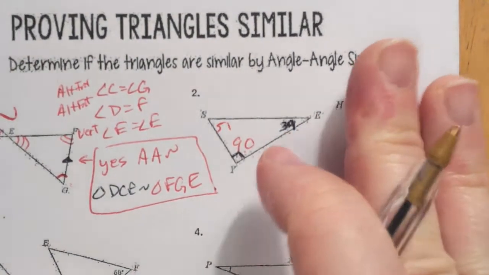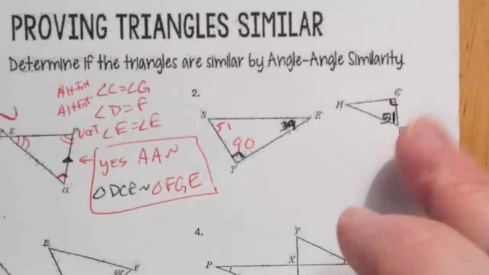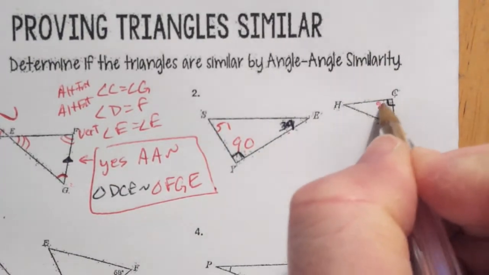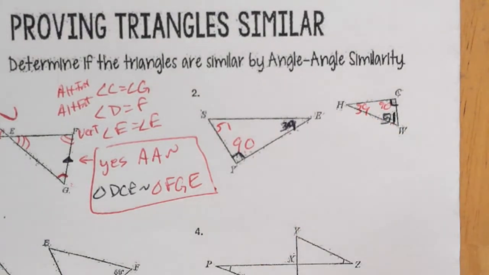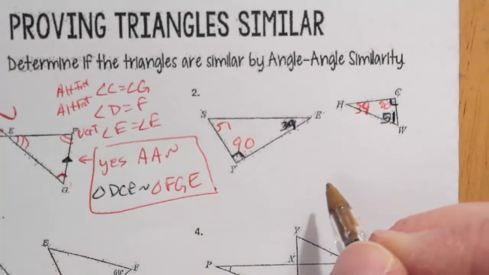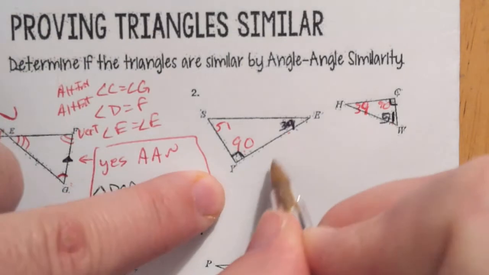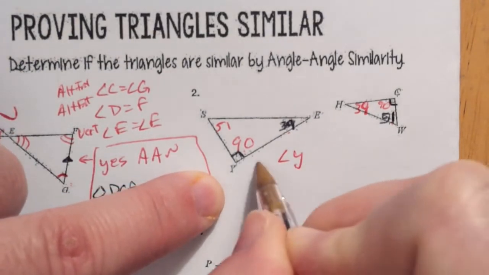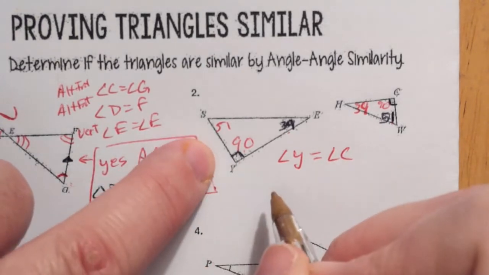So that had nothing to do with the other triangle. So I know that these 3 angles add up to 180 degrees. Oh, look, 90 again, 51, what's left over? Oh, 39. Okay, so now we have to see, so there's no sides here, so we're going to try angles. So what is equal to each other? All right, so I know for a fact that angle Y on this triangle is equal to angle C on this triangle. Excellent. Okay, what else we got?